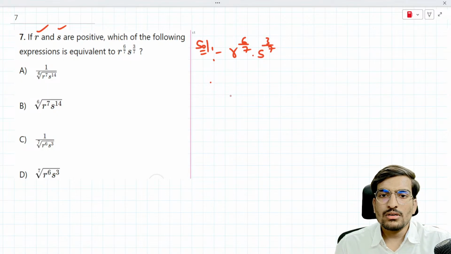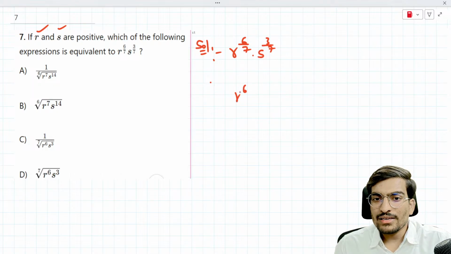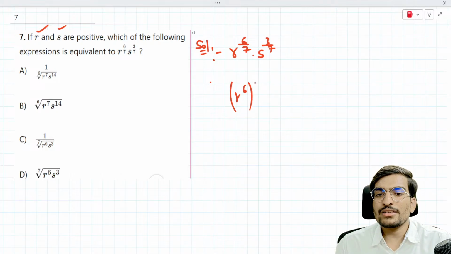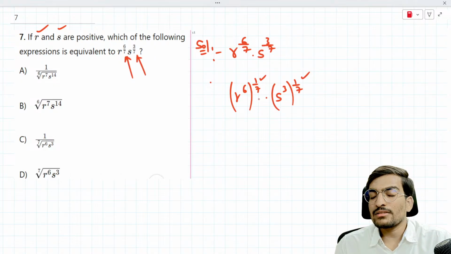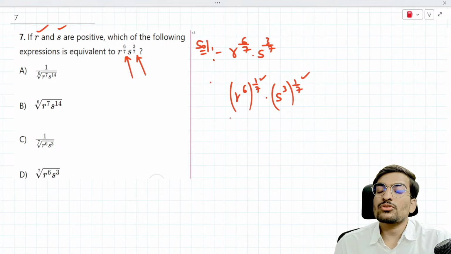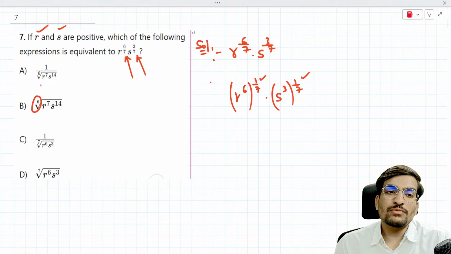So here we can write like this, we can split like R raised to the power of 6 whole raised to the power of 1 by 7, S raised to the power of 3 whole raised to the power of 1 by 7. So now 1 by 7, 1 by 7 is common. That's what I saw here. And then that's how I generated the idea of just doing like this, so that I can get the root, 7th root. Because if you see here, we are getting 6th root, 7th root.